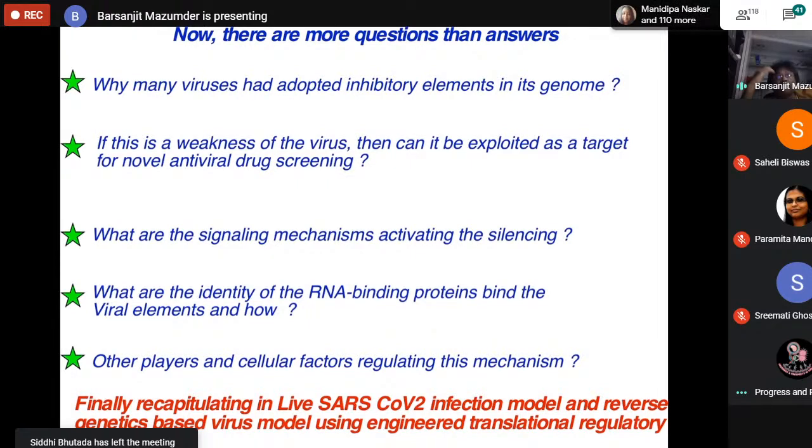But this is true only for mammalian cells. In lower eukaryotes, yeast, if you knock down L13, then we get a lethal phenotype, but not in mammalian. So we believe that this activity of this protein may have evolved as the cell became more complex from yeast to mammal.